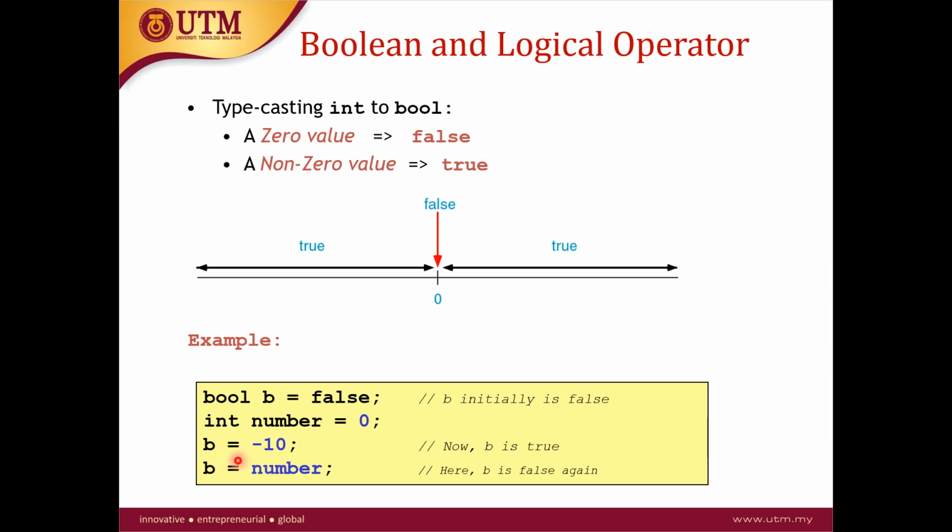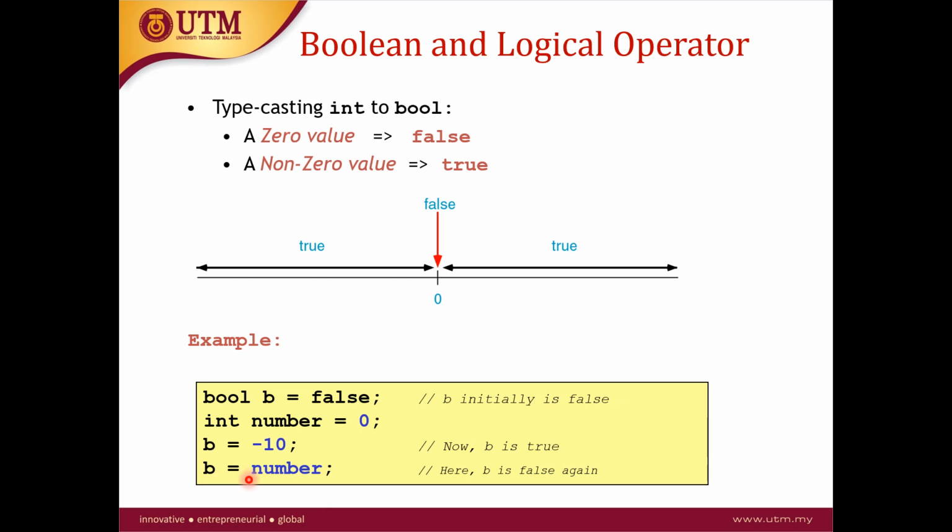So at this time b becomes true. Why? Because it's a non-zero value. And here we say b equals number. We are reassigning it again to another number. What is inside the number variable? 0. So whenever it is 0, the Boolean variable is false. When it is a non-zero value, it is true.